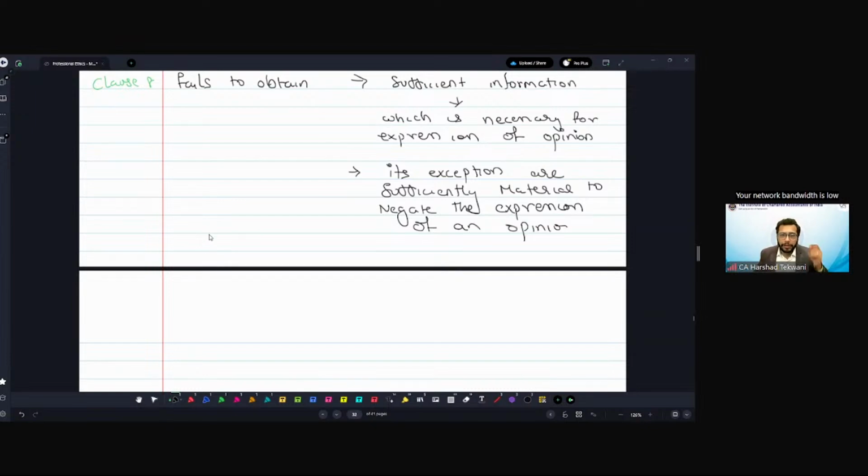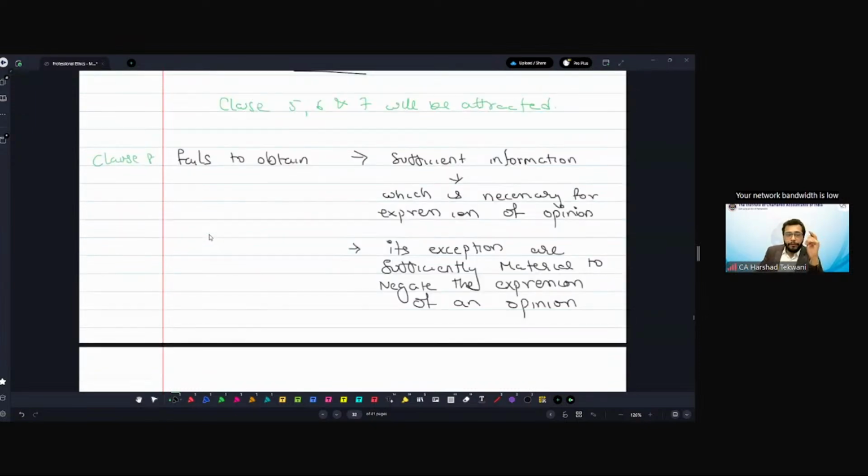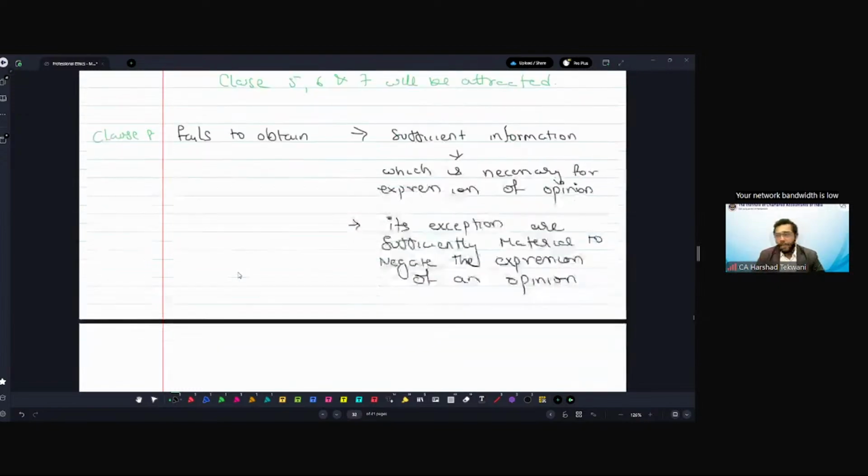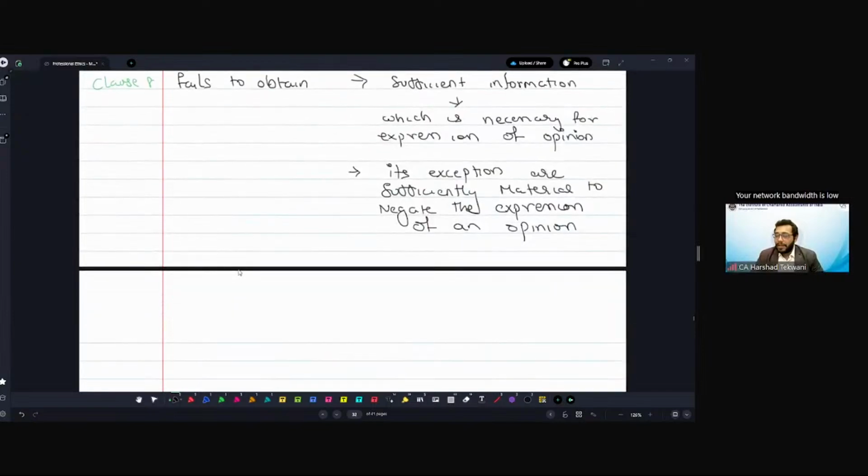So there are two parts to this. Number one, if I fail to obtain sufficient information, or second one is if my exceptions are of such nature that it is negating my opinion. For example, let's say I issued an opinion that subject to verification of asset side of balance sheet, everything is true and fair.